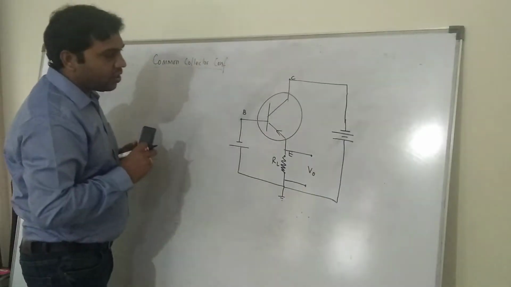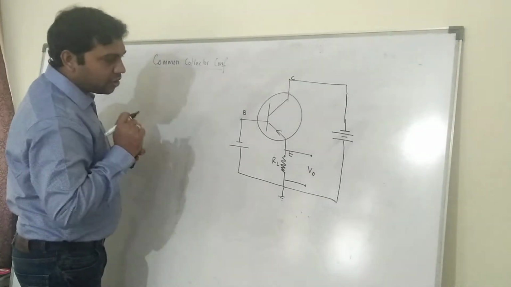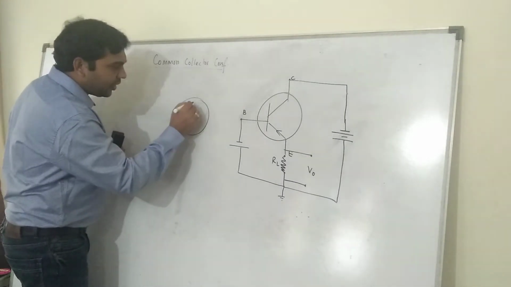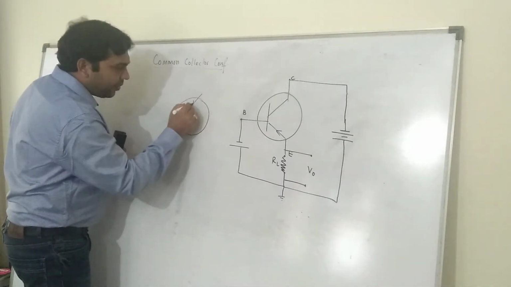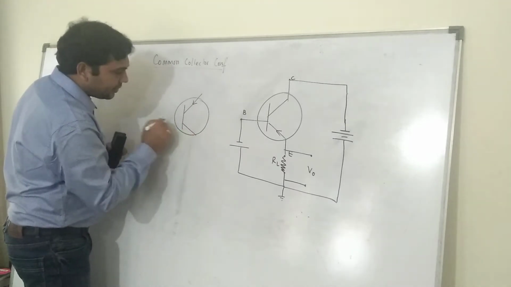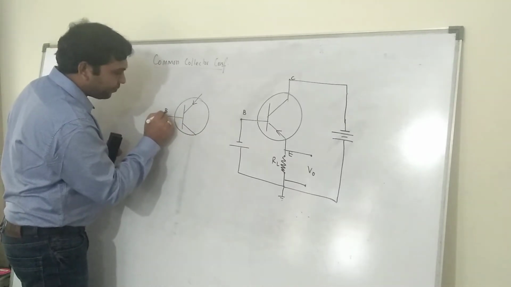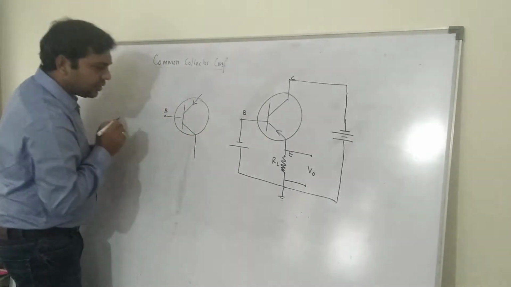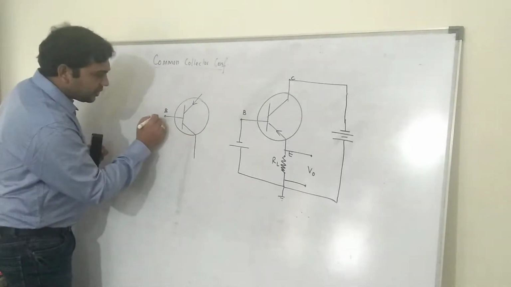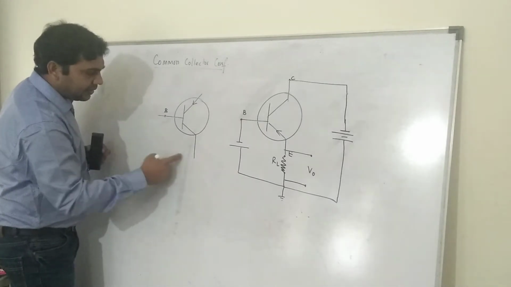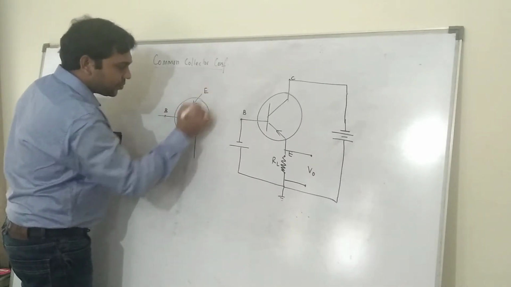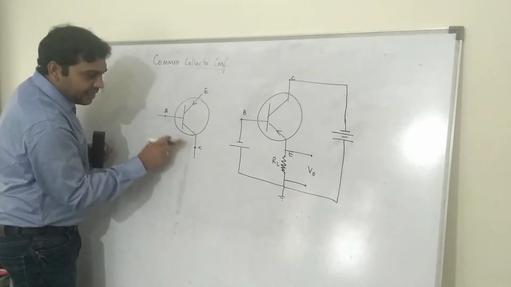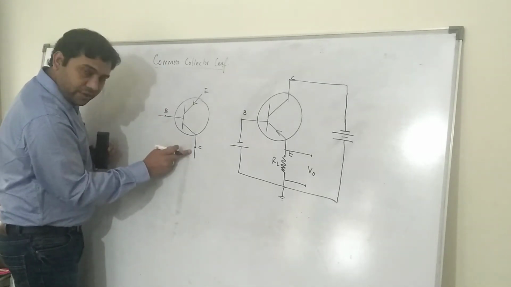Another way of drawing the circuit diagram is like this. We can make the emitter here, collector here, and base like this, again P and P. Now the things are very simple. This is the emitter, this is the base, and this is the collector. The base-collector junction has to be in reverse bias.